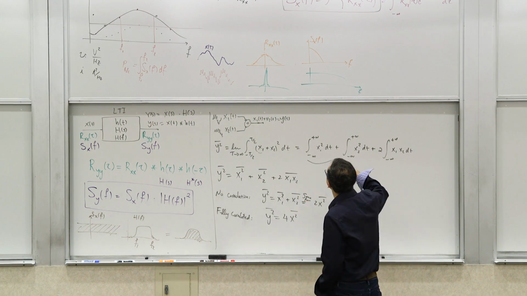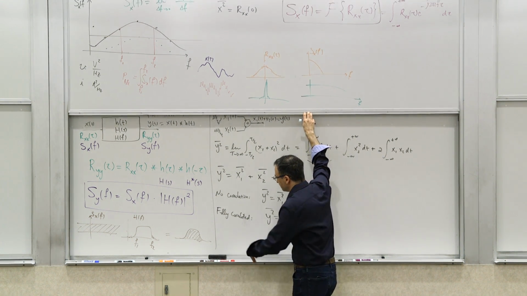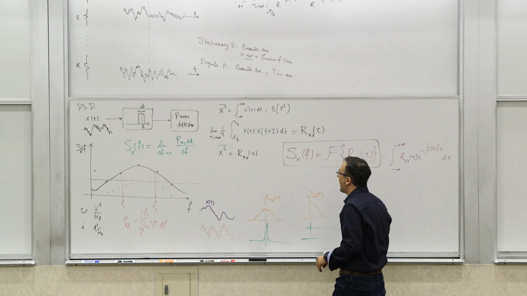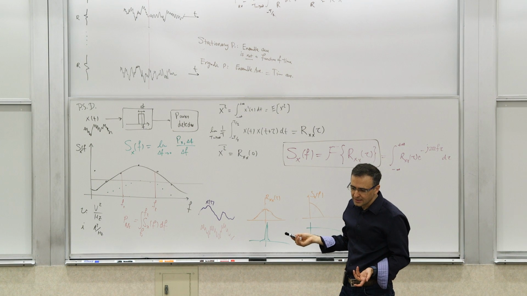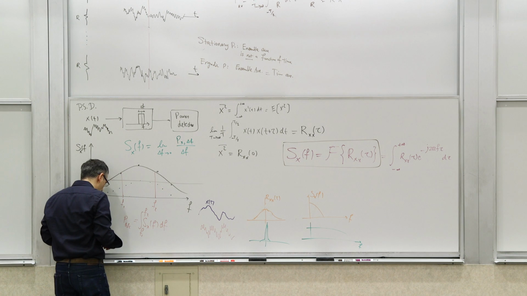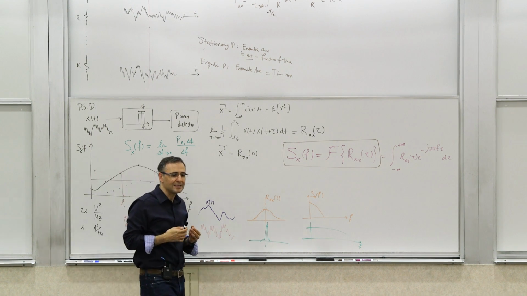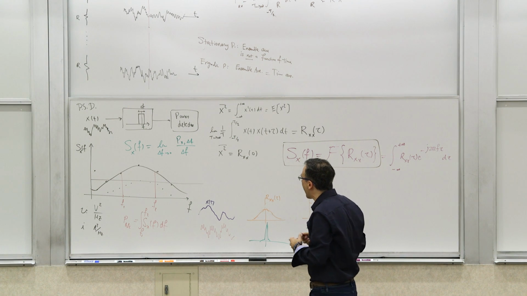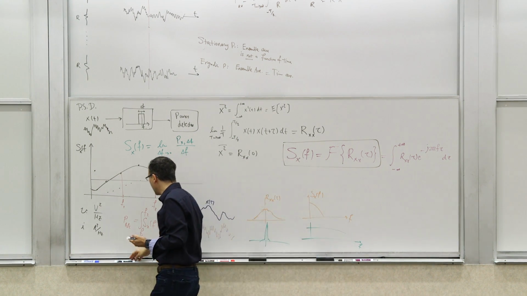Now, there's one last thing I want to talk about, which is this concept of noise bandwidth. So let's go back here. In general, let's say you have a power spectral density like the one that we had. The question is, is there a way to define an equivalent bandwidth for this thing? Well, there are different ways to define it.